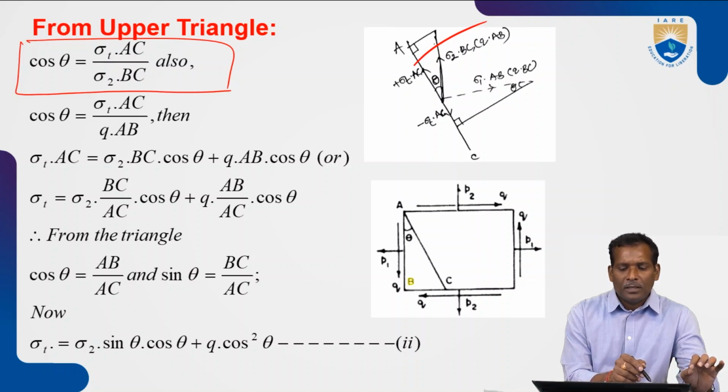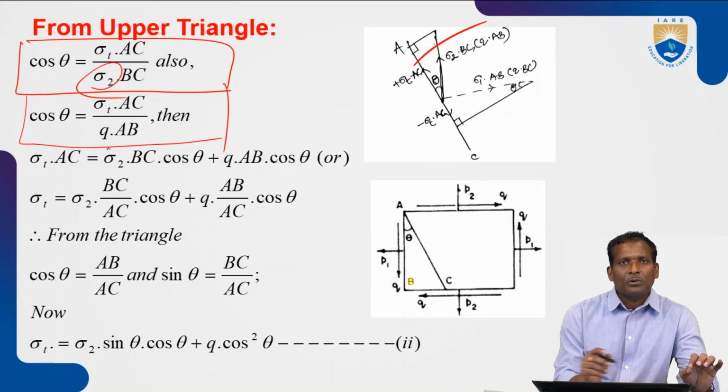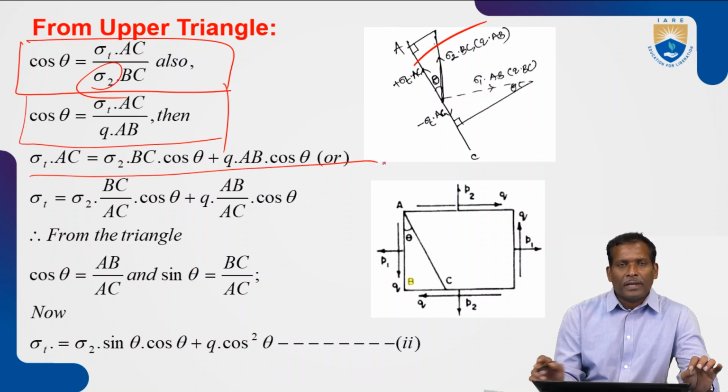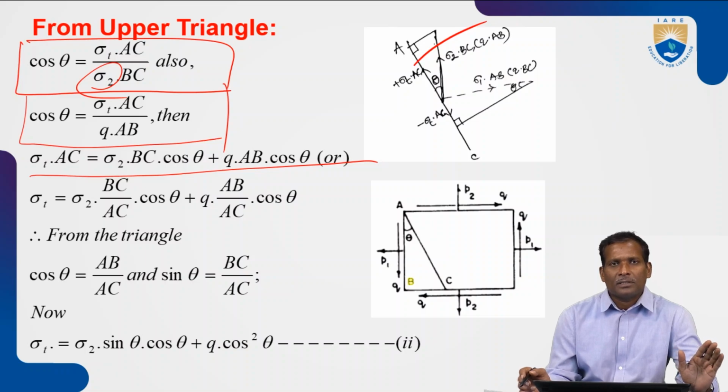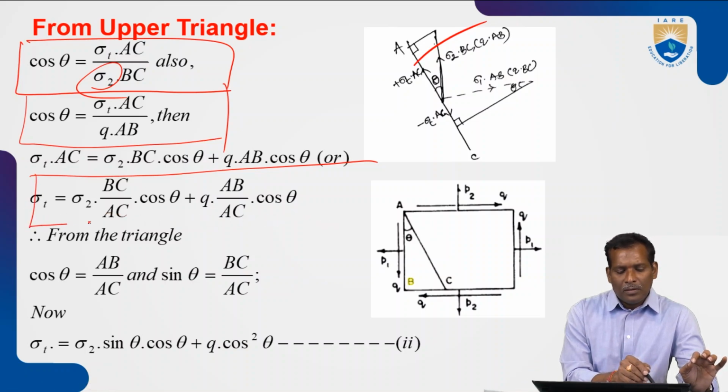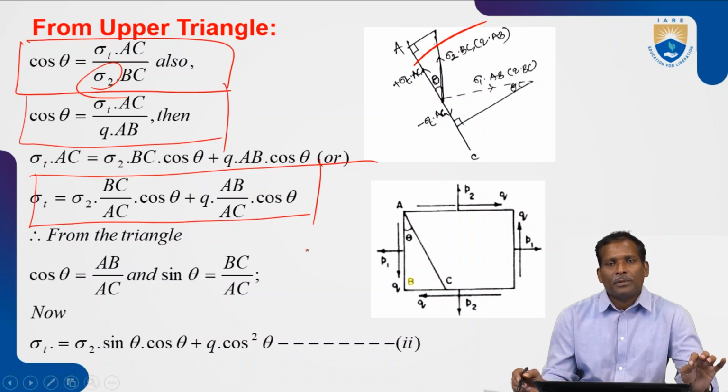Similarly, in place of q, q AB. So write sigma t, the tangential stress, multiplied with AC is equal to sigma 2 BC into cos theta plus q AB cos theta. Or sigma t is equal to sigma 2 BC by AC cos theta plus q into AB by AC into cos theta.